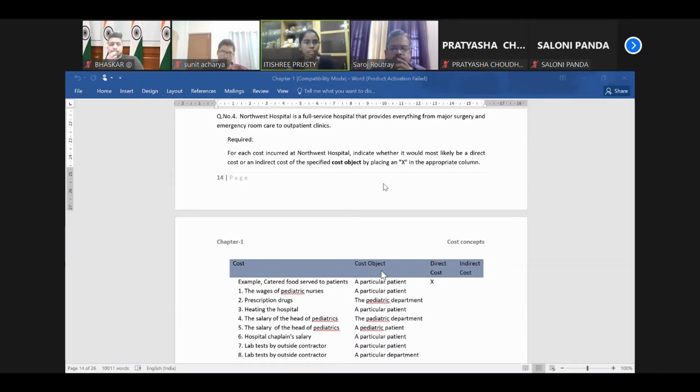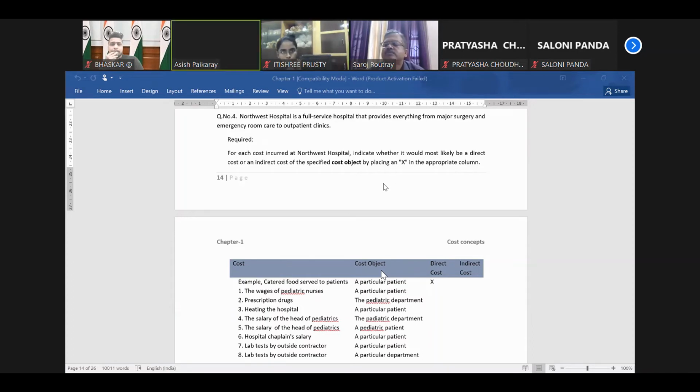We can predict it department wise. Okay. Anybody else? Sir, can I say that it is an indirect cost, because for a pediatric department it is a direct cost, but in prescription drugs we don't know who prescribed, so we can't identify the value, so we can say that it is an indirect cost.